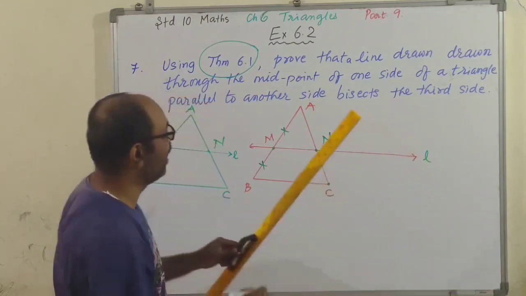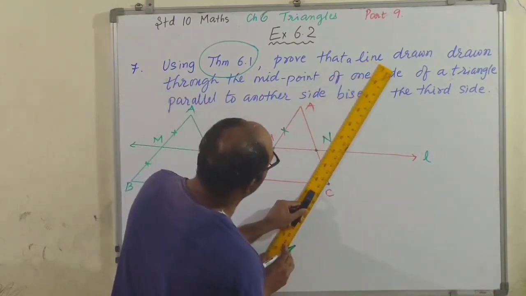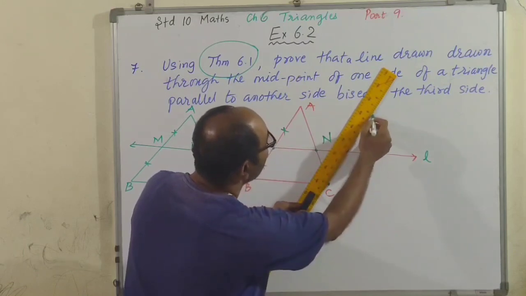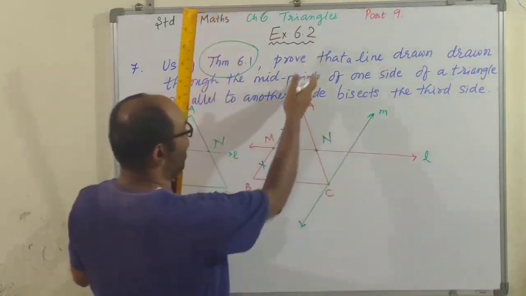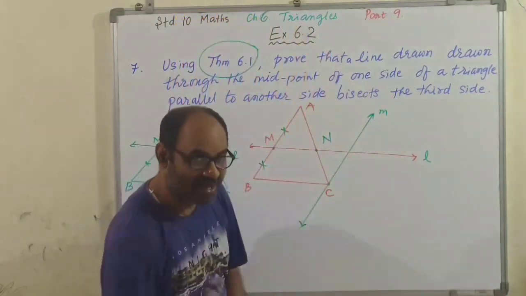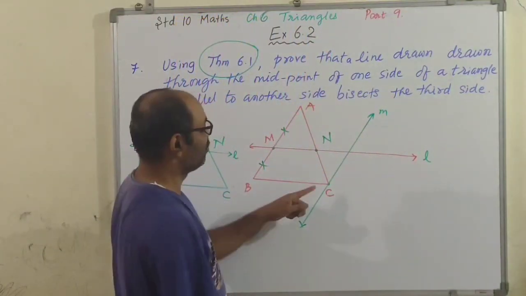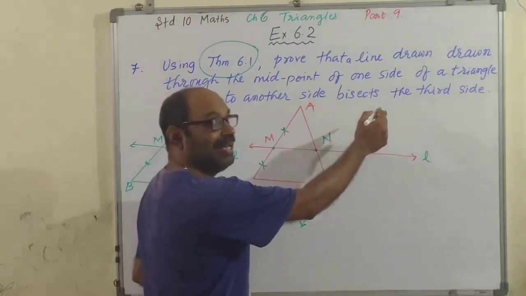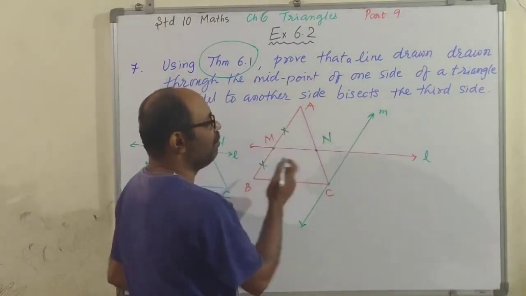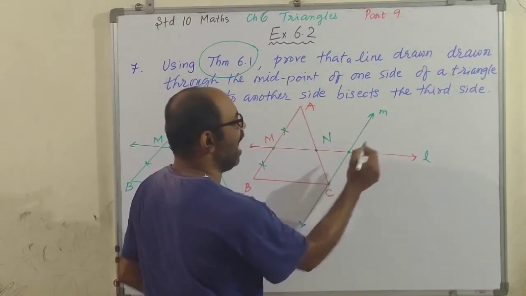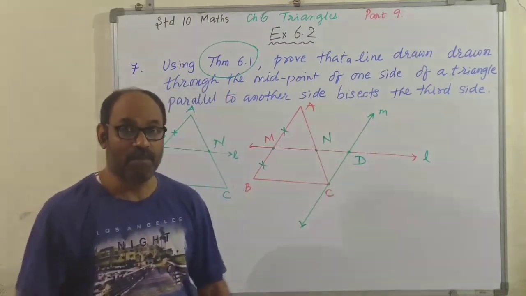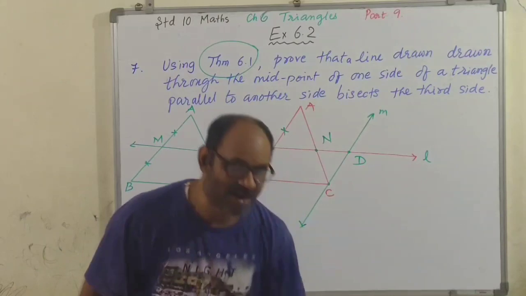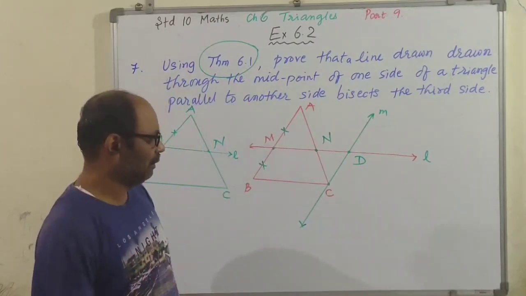Through point C, I draw a line M, which is parallel to AB. Let line M be parallel to AB and let it intersect line L at point D. Children, now very interesting.